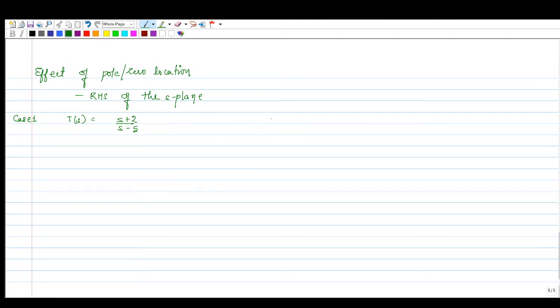When we draw the S plane, the zero is located at S equal to minus 2, and the pole is located at S equal to 5. This is the real part of S and this is the imaginary part of S.